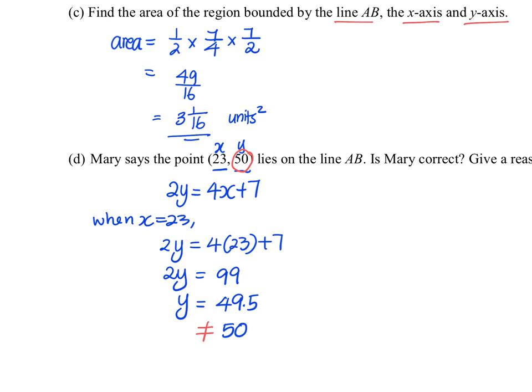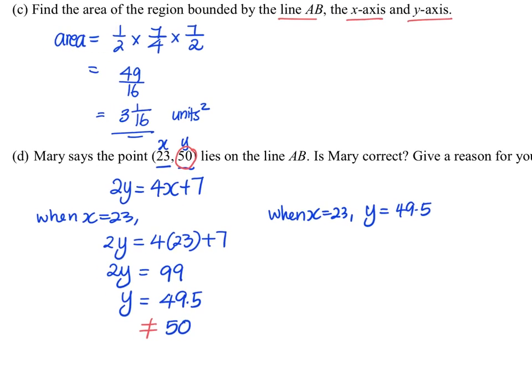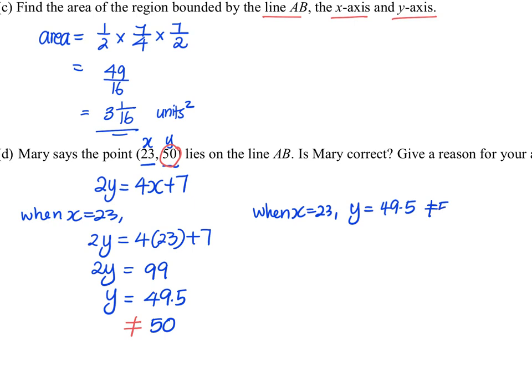Since when x equals 23, y equals 49.5, which does not equal 50. Therefore, is Mary correct? No, Mary is not correct, because this point (23, 50) does not lie on the line.